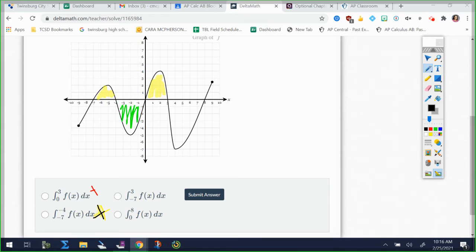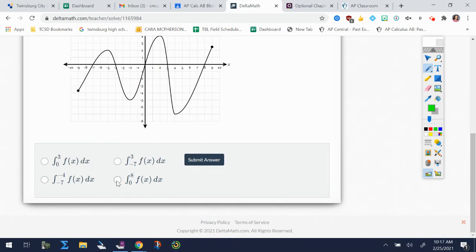Then 0 to 8 has that yellow region, but it also has a much bigger green region, which tells me that answer for sure is going to be negative. And it should be the smallest one we've got, because negative 7 to 3 did have some positive stuff that goes into the mix. So we are going to choose that one.